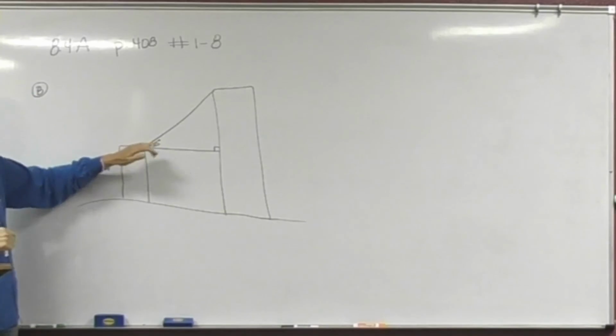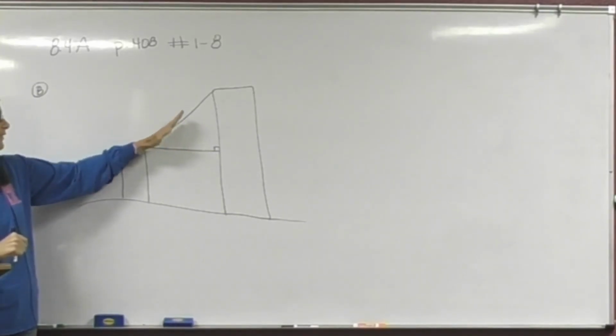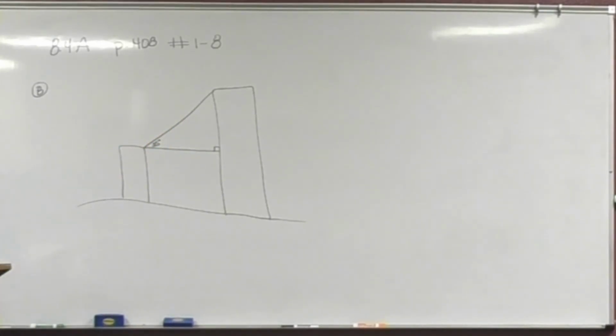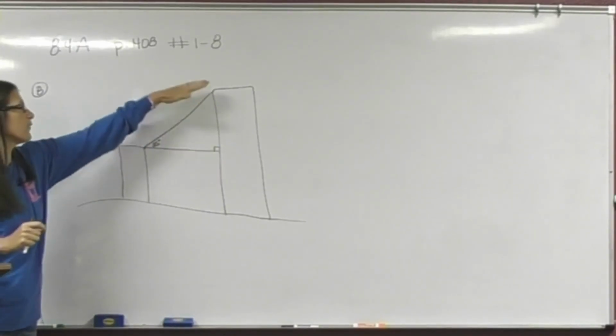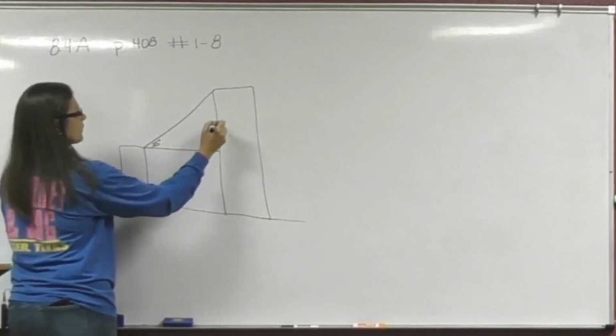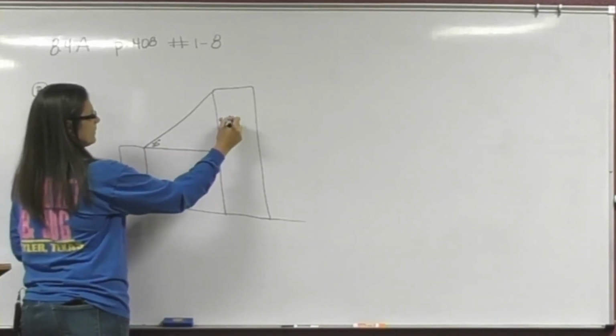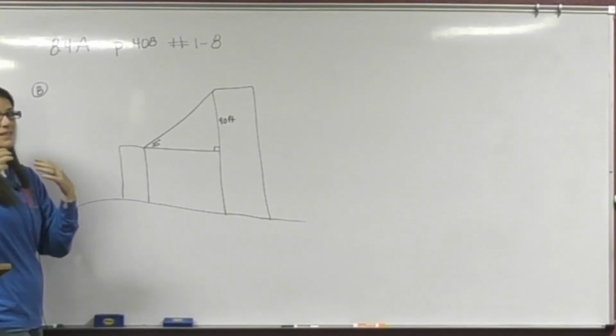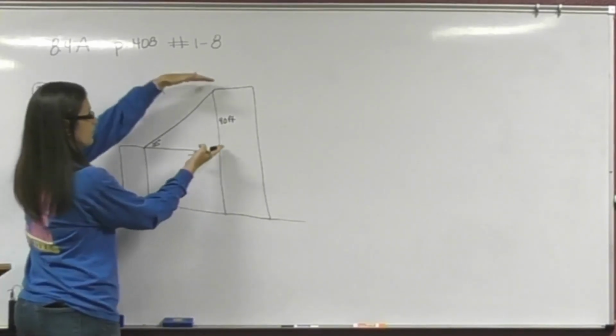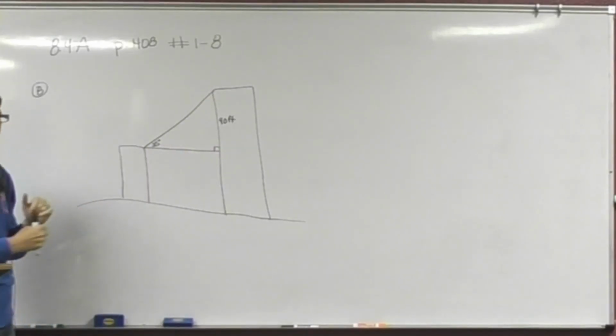Okay, the difference between the buildings' heights is 40 feet, right? So however many feet this is, the other is 40 higher. So the 40 will go right here. All it says is the difference between the two is 40. So he's 40 feet higher than this guy.